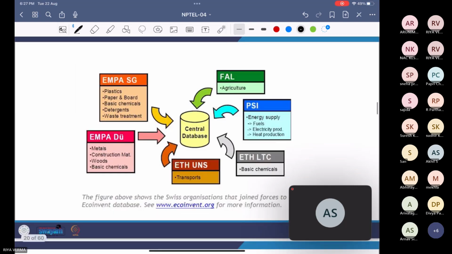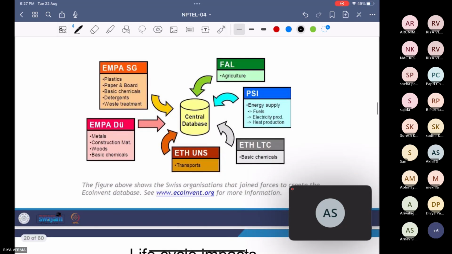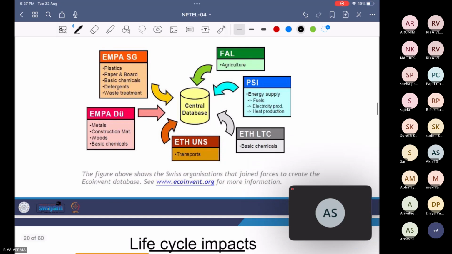Now coming towards the central database. So this is the ecoinvent database. Basically, these are six Swiss organizations that joined forces to create the ecoinvent database, and these are all different types of database.